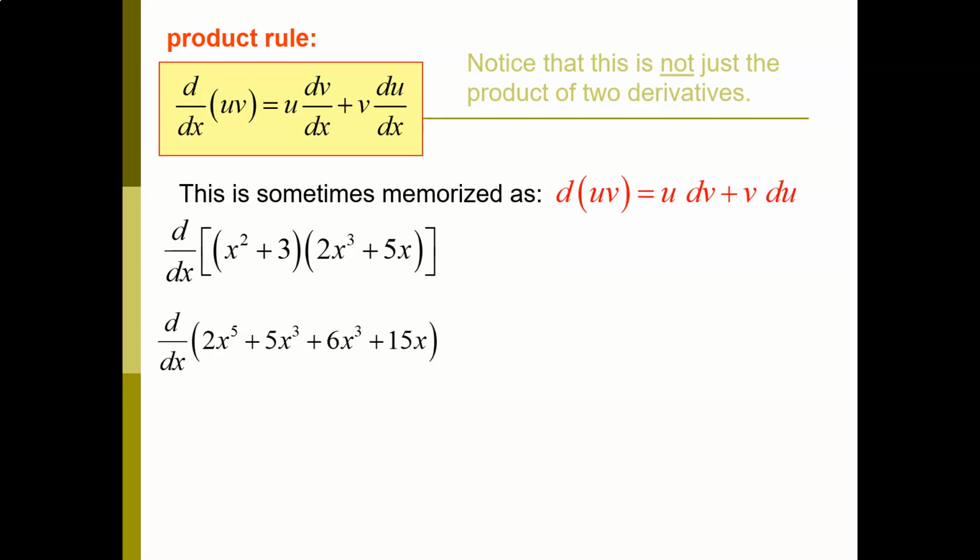If you combine your like terms, we would get 2x to the 5th plus 11x cubed plus 15x. If we take the derivative of that, applying the power rule that we've learned in previous chapters, we will get 10x to the 4th plus 33x squared plus 15. So that's one way of doing this.